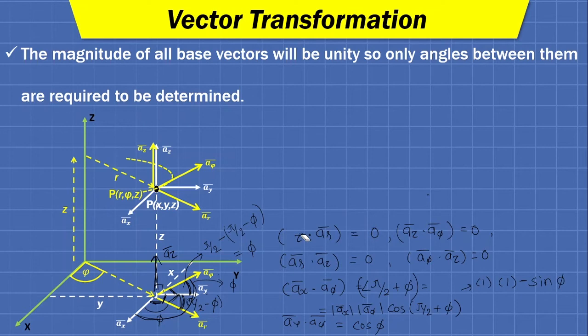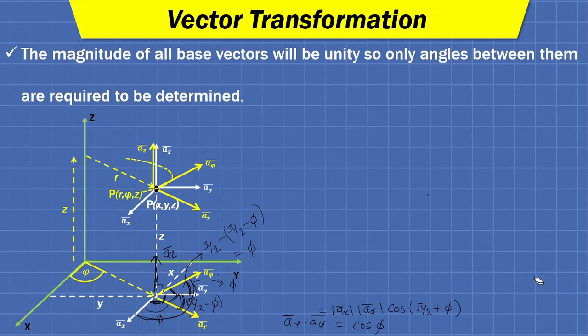Otherwise it is also very easy to remember, because when numericals are asked, it is not important whether you know the derivation or not. The only thing that matters is whether you can solve the problem or not. So I will show you a quick summary of all the angles that we have discussed up to this point.